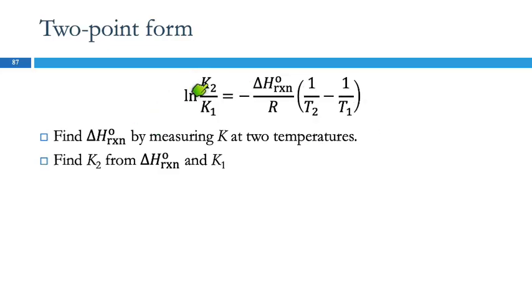Natural log of K2 over K1, etc. And so here we can find delta H0 by measuring K at 2 different temperatures, or we can find K if we know delta H0 and the equilibrium constant at 1 temperature.